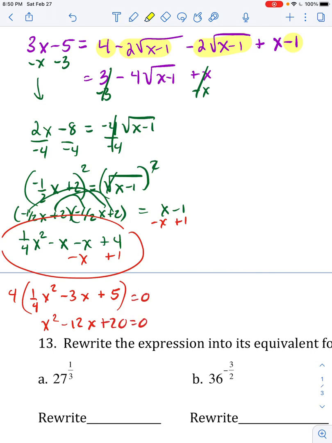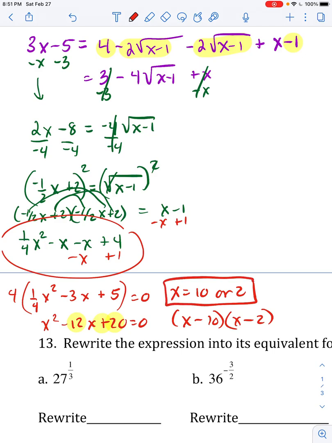You're looking for 20 in a way that adds up to 12. So I would break that down into x with a 10 and a 2, because they'll make 20 through multiplication, and you can get a negative 12 out of them if they are each negative. So ultimately, my solutions are 10 or 2, but this is like the world's messiest problem.